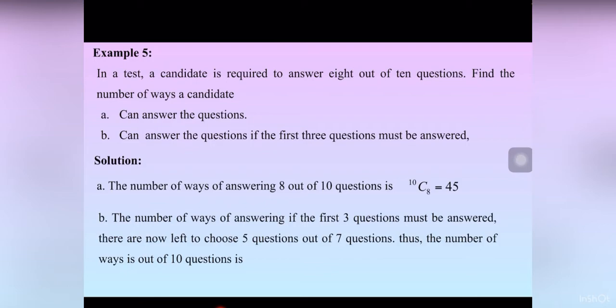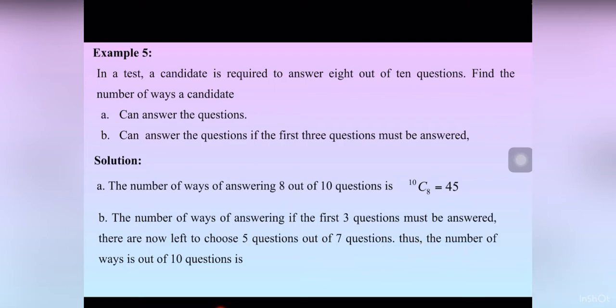And then B, we have a condition to be fulfilled, that is the first 3 questions must be answered. So the number of ways of answering if the first 3 questions must be answered: there are now left to choose 5 questions out of 7, because originally we have 10. The first 3 must be answered, and we can choose only 5 out of the remaining 7 questions.